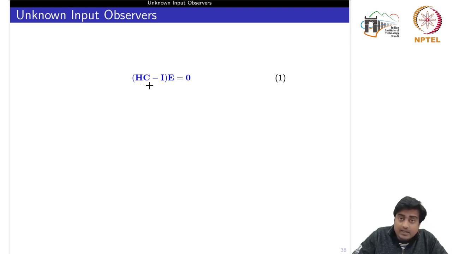So first of all, we'll take the first equation, which is HC minus I, where I is an identity matrix, by the way. HC minus I times E is equal to 0. First we will see whether the solution of this equation exists and what would be the solution of this equation.